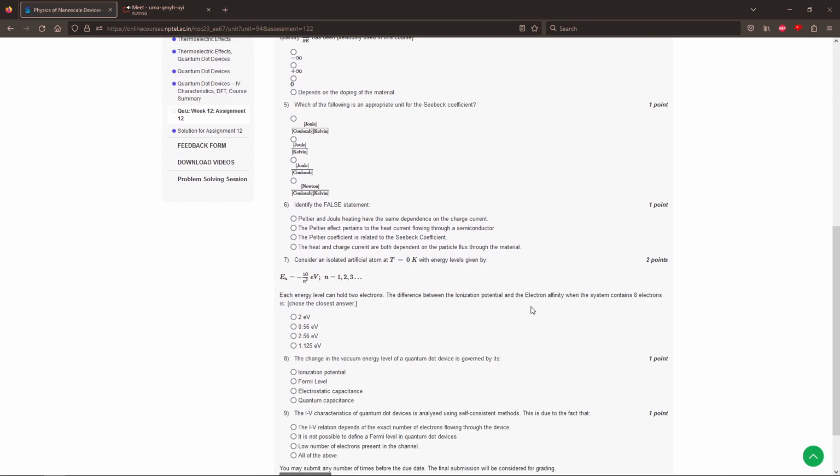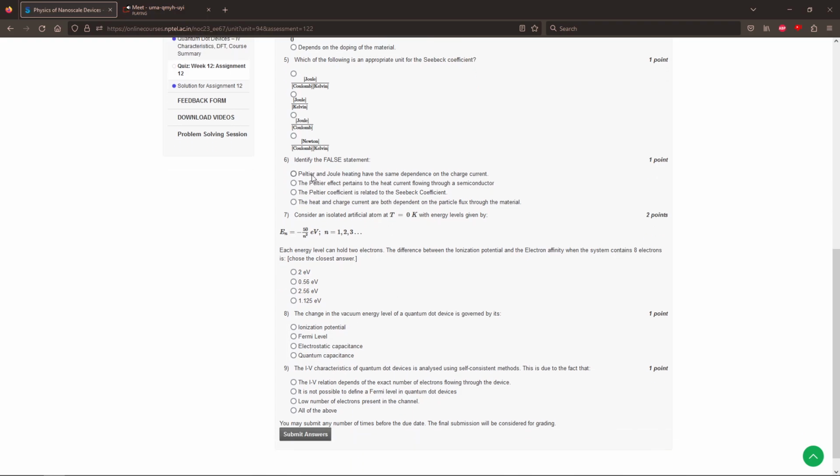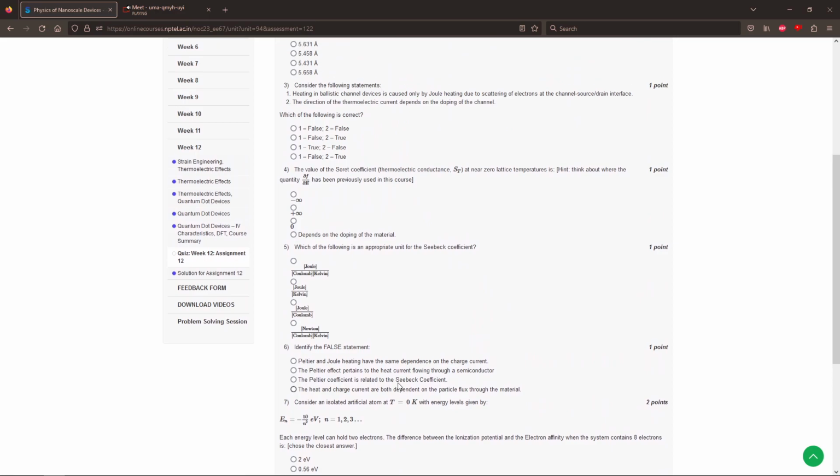You've been asked to calculate the electron affinity, you've been given the electron configuration, you've been asked questions about Peltier and Joule effects and Seebeck effects. They have been explained in today's discussion, so kindly use that. Ionization potential, electrostatic capacitance, quantum capacitance. Again, these things have been discussed, so you should be able to answer these questions. IV characteristics of quantum dot devices are also present. I've explained that as well.